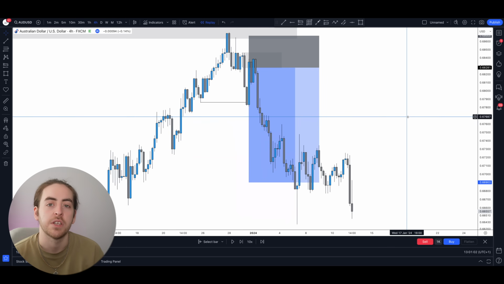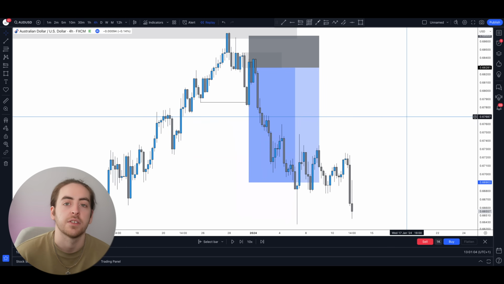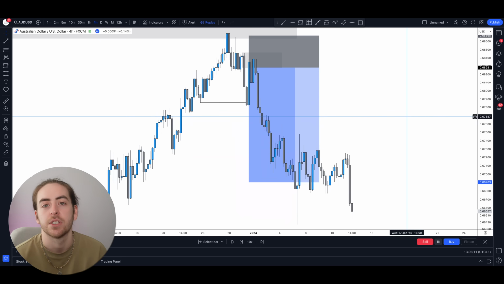But when we use this top-down analysis process, where we start on the higher timeframes and scale down to lower timeframes to identify agreement across timeframes, that is going to give us the highest accuracy and also make us aware of the big picture narrative and where the market's reacting from on those weekly and daily and larger timeframes. Those higher timeframes are the most accurate, so if we can build a narrative there, we can use the lower timeframes to execute our positions.